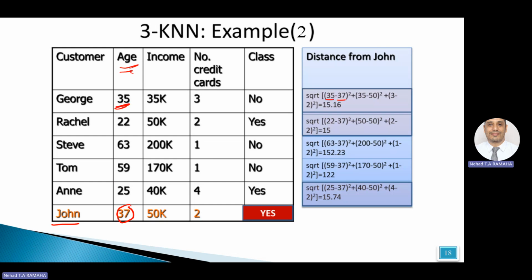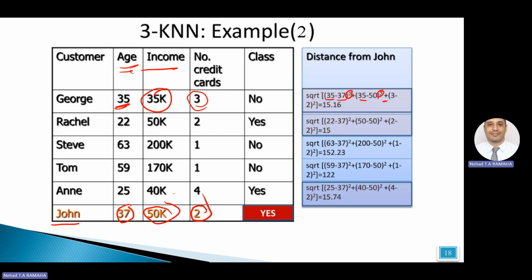So 35 minus 37, or 37 minus 35, because we have a square here, plus then the income, 50 minus 35, or 35 minus 50, doesn't matter because we take the square, plus the second feature, which is the number of credit cards, 2 minus 3, or 3 minus 2, squared.